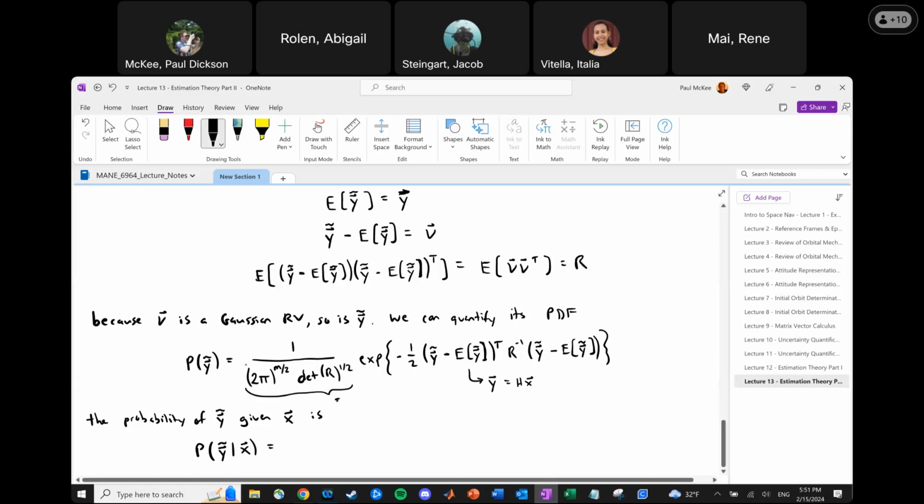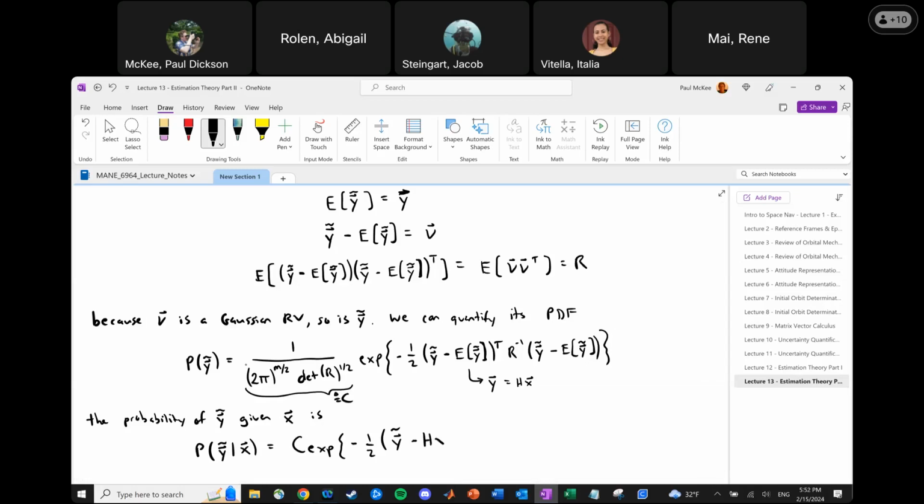I'm going to call this C. Probability of Y given x is just C times the exponential of negative 1/2 (Y with the noise on it minus Hx) transpose R inverse (Y minus Hx). Okay. So this is the probability of Y given x.